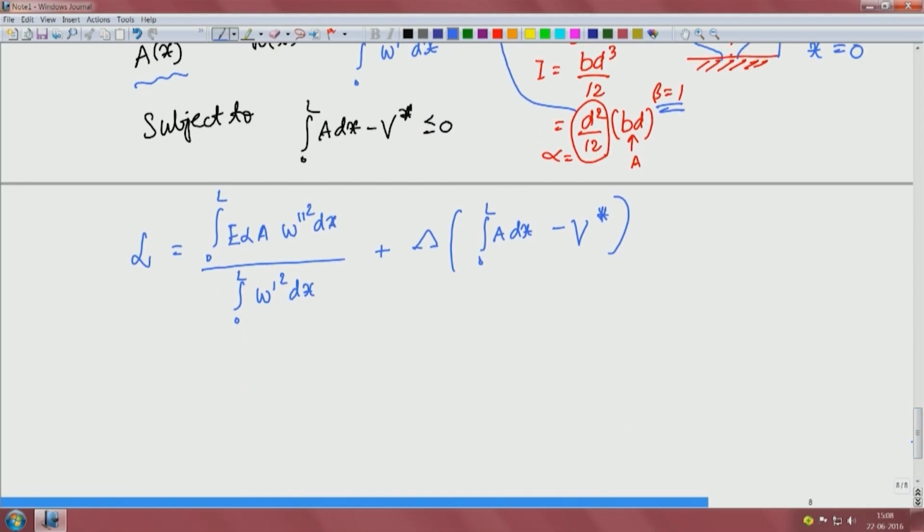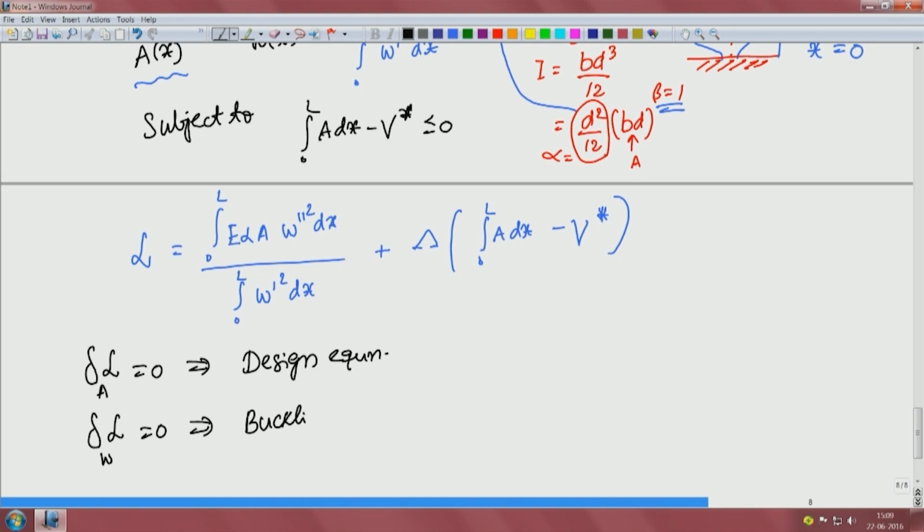When you have this, we have to take variation. Next step, we take the variation of the Lagrangian with respect to A, which gives us the design equation to design the area of cross section. Likewise, when you take this with respect to W, you get in this case the eigenvalue problem itself, because when we solve for W, if you take the minimization, you get the buckling governing equation.